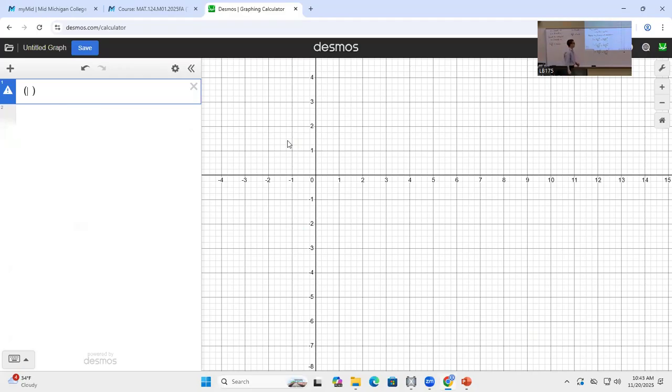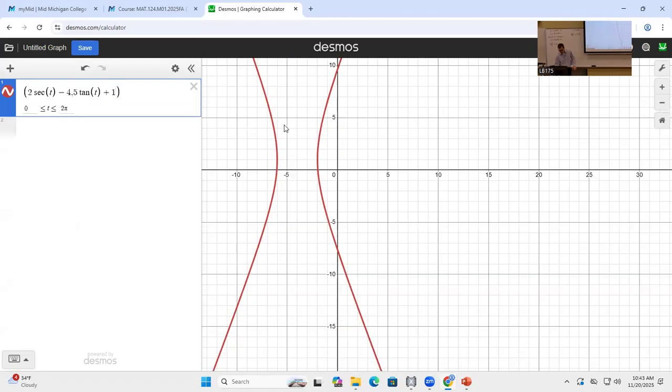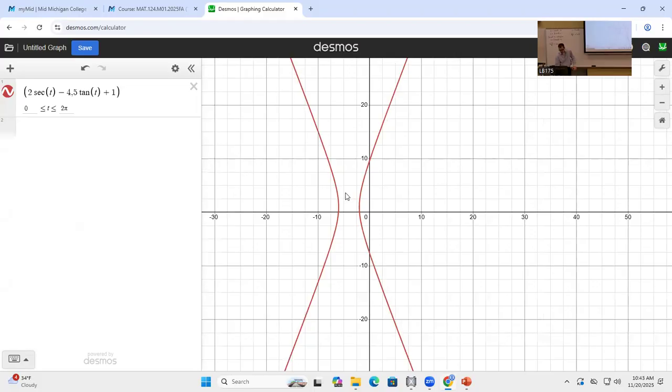Graph the hyperbola, that is. I'll graph it in the parametric form that we just saw, 2 secant t minus 4, and 5 tangent t plus 1. And if you zoom out, here's what you get.